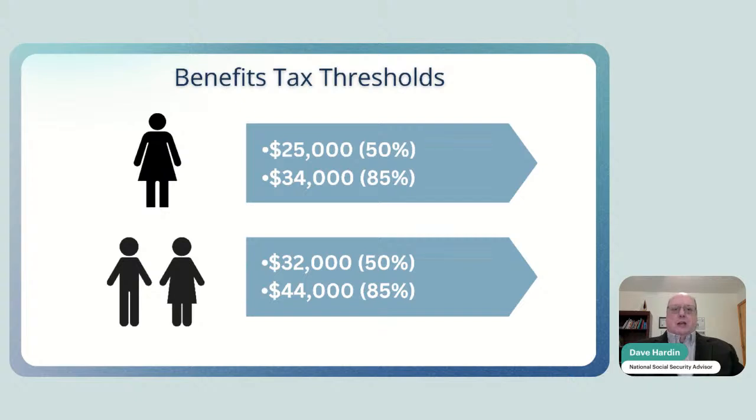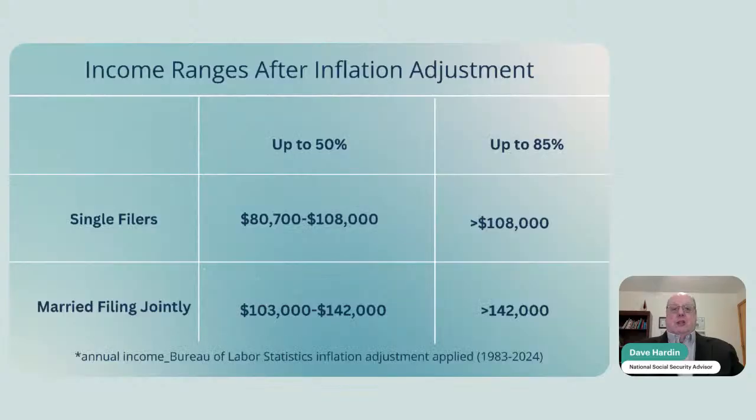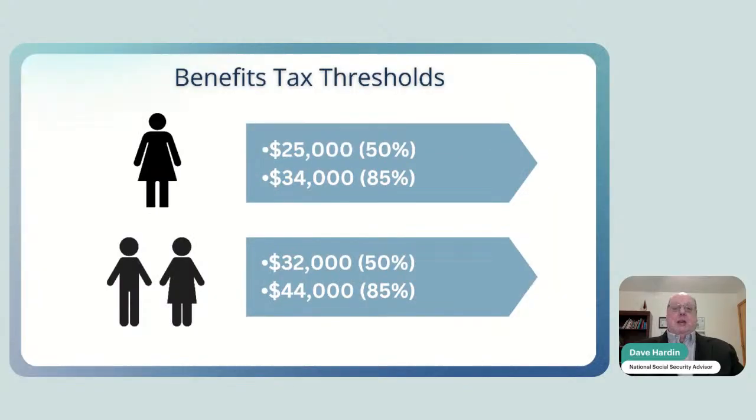If that $44,000 had been set at a cost of living at the exact same rate that Social Security was, that would be over $142,000 in income today, not $44,000. And I wouldn't be having this conversation because it would be affecting only a small percentage of people. But it downright gets almost everybody these days.